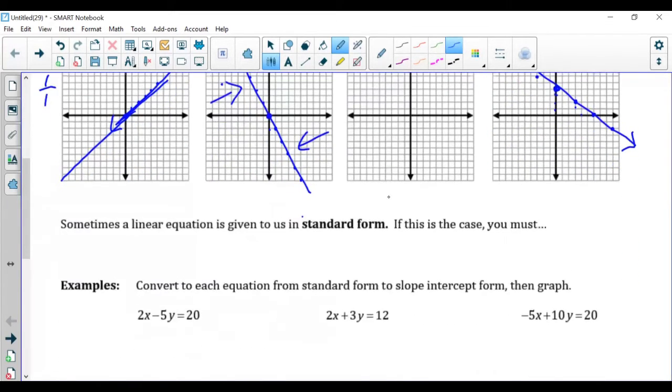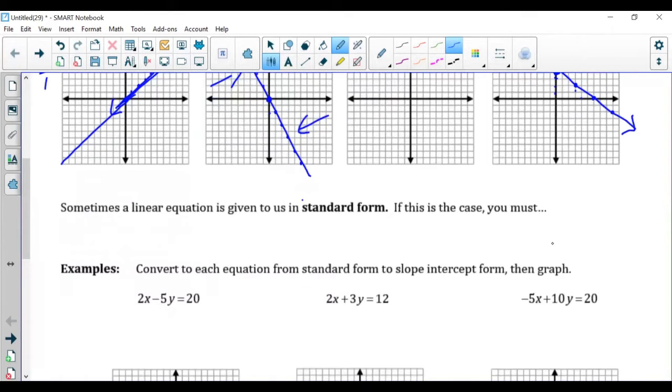All right, sometimes we have a linear equation that's given to us in standard form. Standard form is ax plus by equals c.